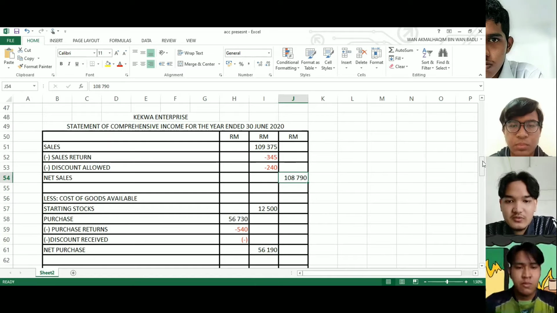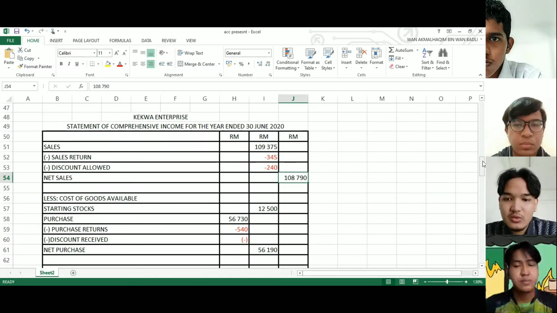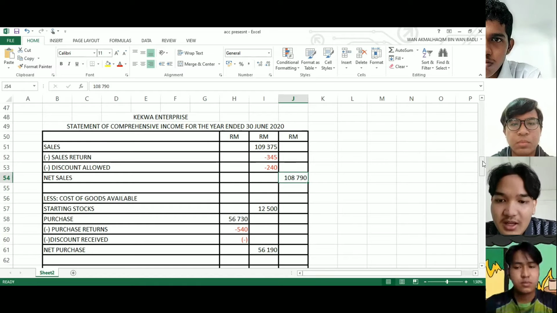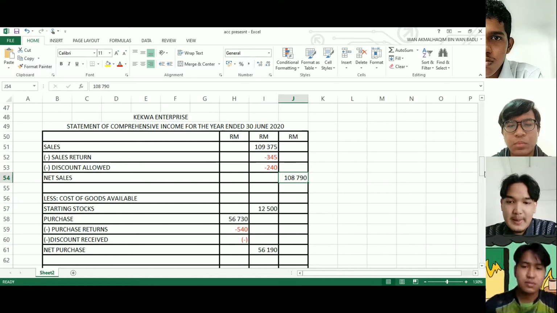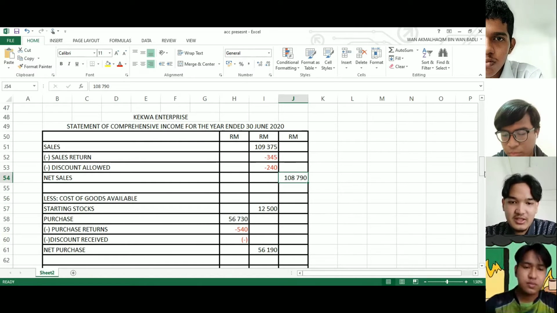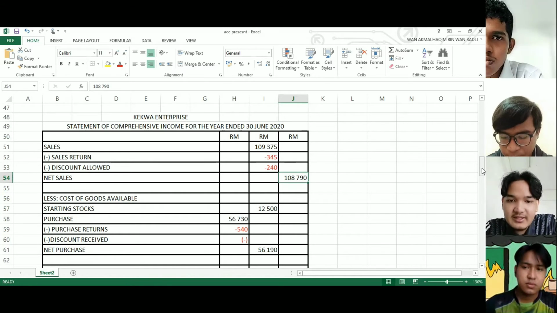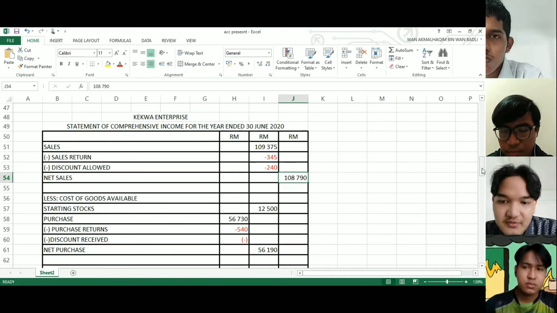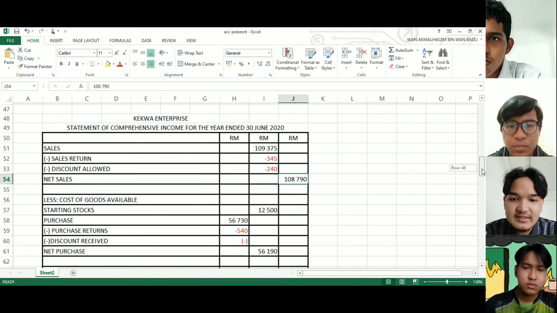Less cost of goods available: starting stock 12,500, purchases 56,730 and purchase return negative 540 and discount received nothing, and net purchases is 56,190.